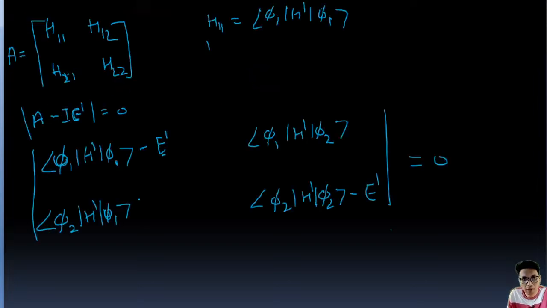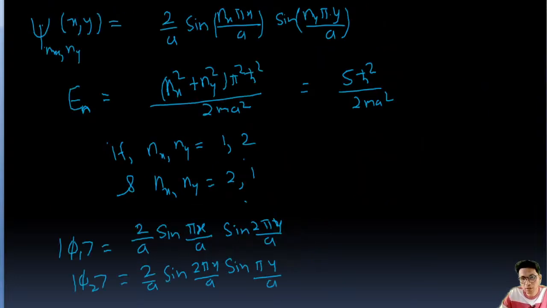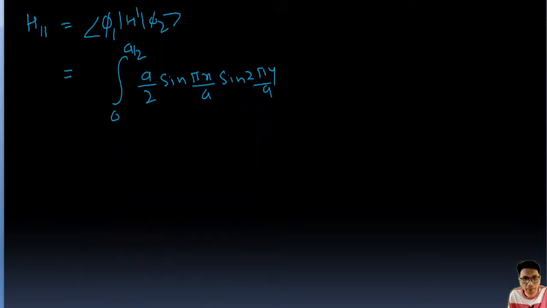Right, here I can show you. This is phi 1, and this is the value of phi 2, and this is the ket phi 1. If we take the bra phi 1, this value is going to be the same because there is no imaginary iota term, else the sign gets changed.